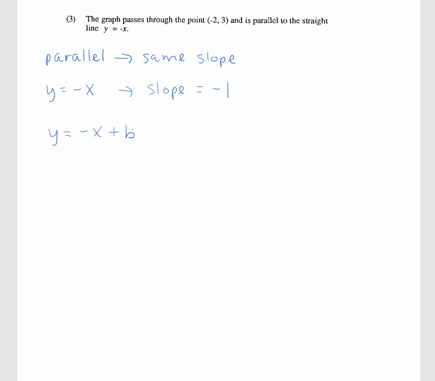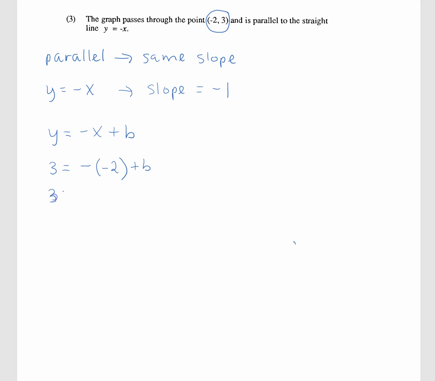And so to figure out b, just like we did in parts 1 and 2, we're going to plug in a point into this equation. And so the point we've been given is x equals -2, y equals 3. So I'm going to plug in 3 for y and a -2 for x. And you have to remember that the negative on here is due to the slope, so we have to make sure we keep our -2 for x as a separate thing.